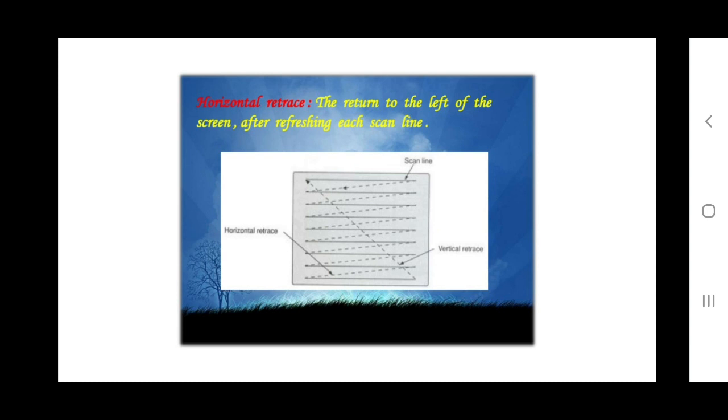And coming to the horizontal return: the return to the left side of the screen after refreshing each scan line is called the horizontal retrace. Here I am showing you clearly what is meant by a raster scan display.